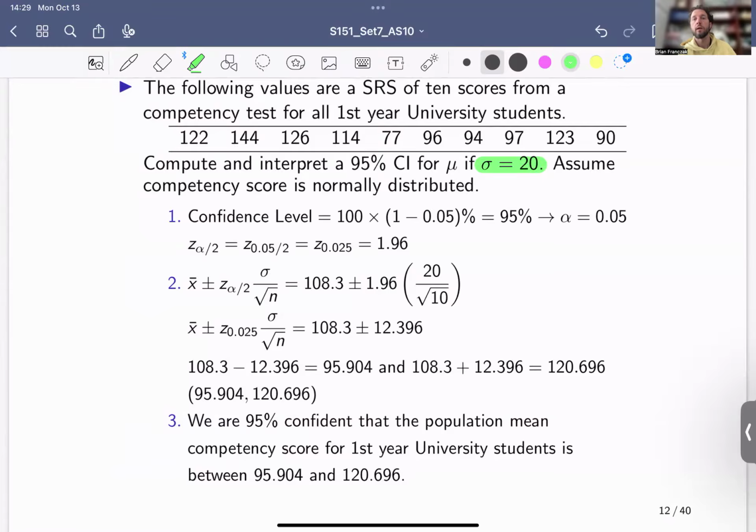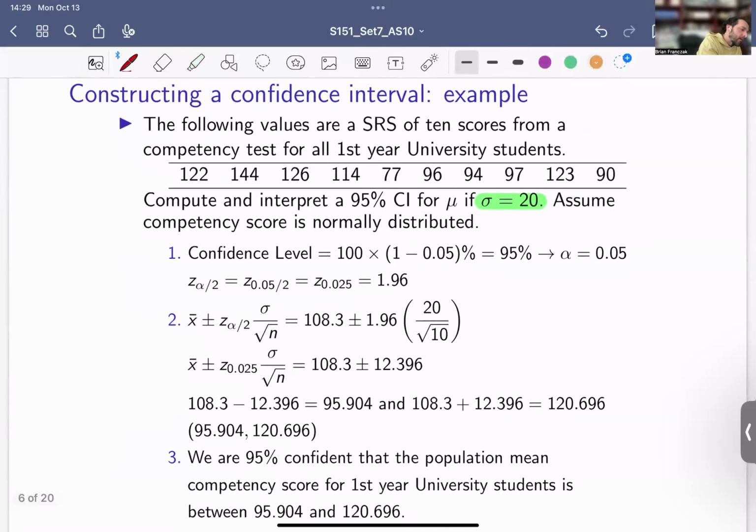So now we have SRS, which is our first assumption. That's given here. We have sigma here, and we are told to assume normality. So these are the three criteria that were mentioned on the previous slide. And typically, every confidence interval problem starts by checking that these criteria hold.